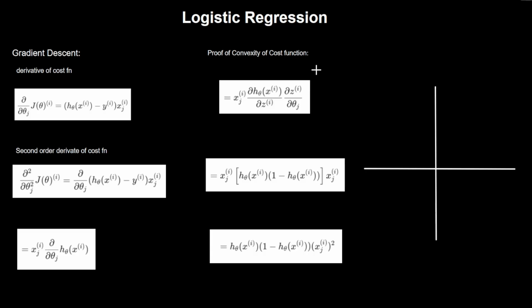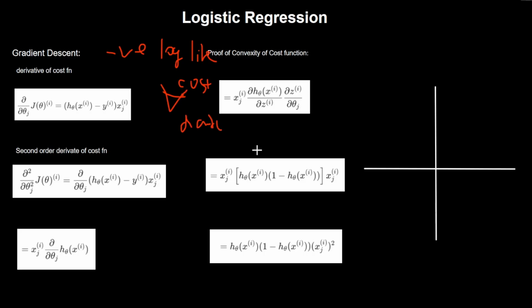So let's look at the proof for convexity of the cost function. We also saw the cost function for logistic regression, which is the negative log likelihood, is the sum of the individual cost for each data point.